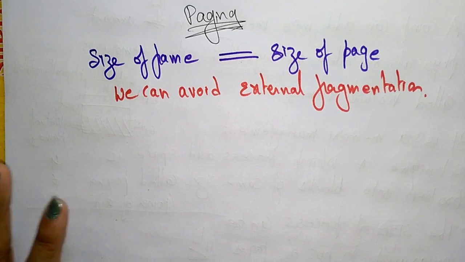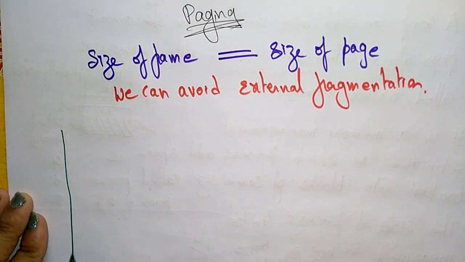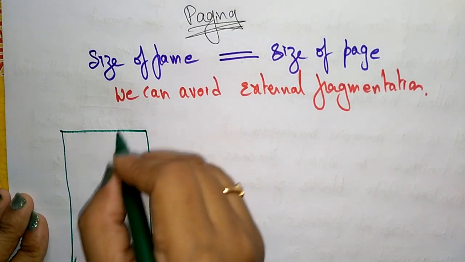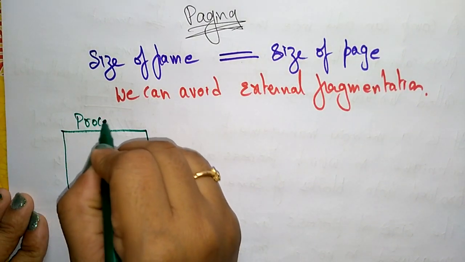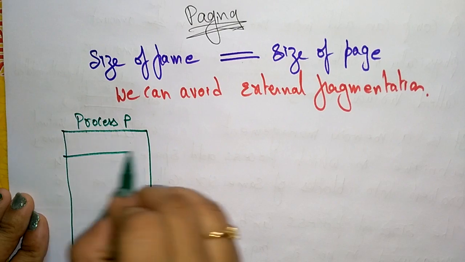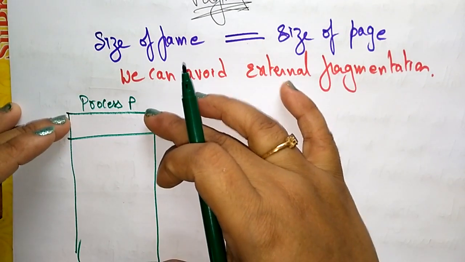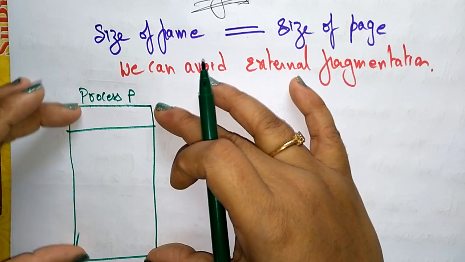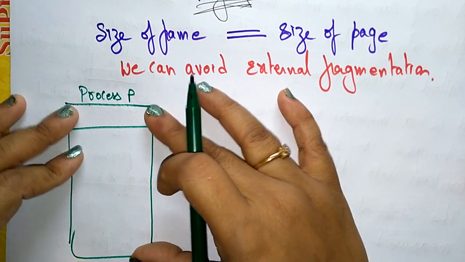So let me take one example here. Let us take this as process P. This is one complete process which is present in the main memory. Whatever the process, you just take it as a logical memory.